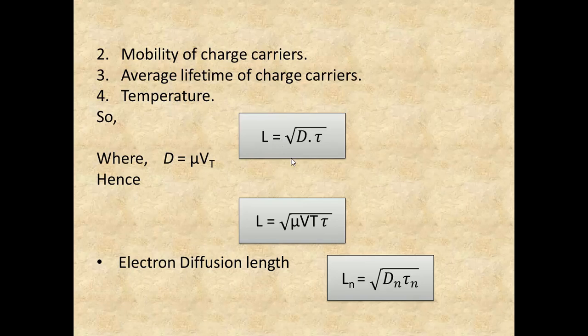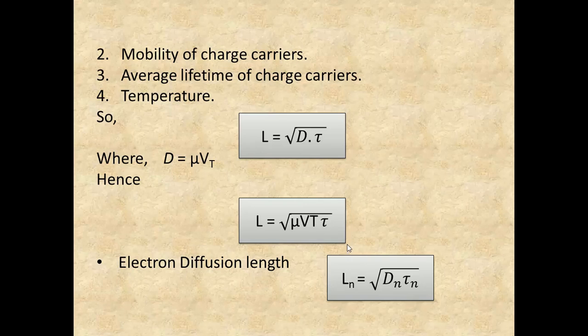Now you know that diffusion constant is mobility times thermal voltage, so replacing D with this value you get the final formula. Focus on the numericals and on this formula.